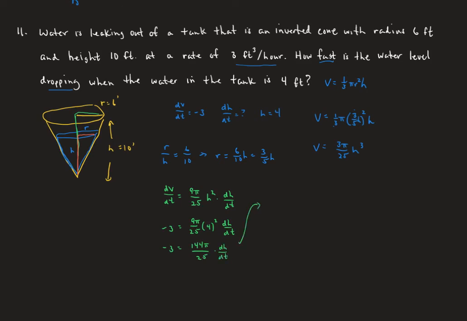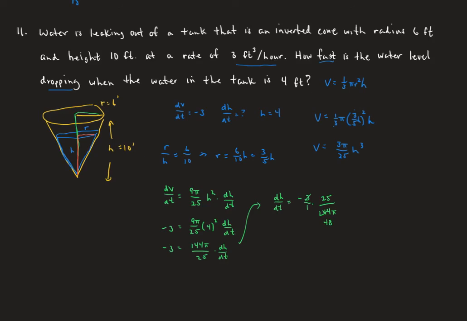So if we come up here, we'll get our dh/dt is going to be that negative 3 times 25 over 144 pi. 3 goes into 144. What is that? Let's see. That's 48 pi.